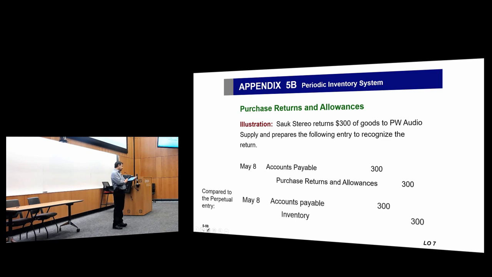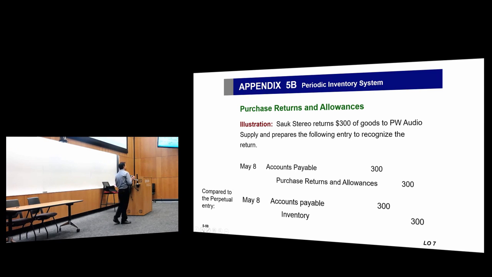When we were using the perpetual system, it was inventory. We were only making changes to the inventory level because it was affecting the cost of inventory, and we were calculating the balance in inventory after every transaction. So this is the difference. With a periodic system, you use those temporary accounts because those will not actually be showing up until you eventually transfer all the information to the ending balance of inventory.